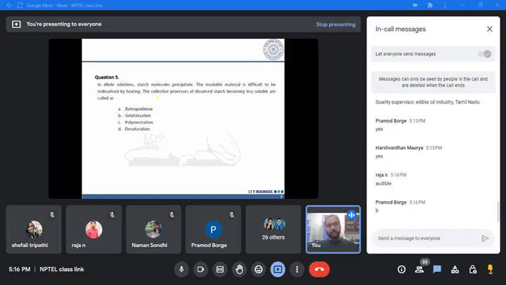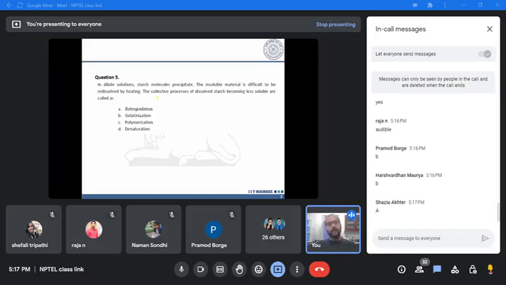You have heard of heating or cooling of some materials. In case of food we can say gelatinization, retrogradation, crystallization. You might have heard these. This question belongs to that. I'll explain: when we heat something like carbohydrate or fat, it converts into a liquid or a gel-like structure.